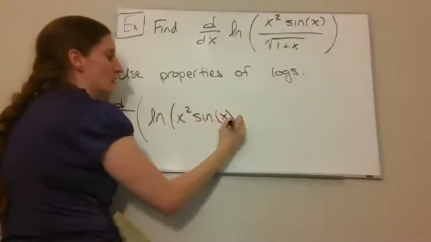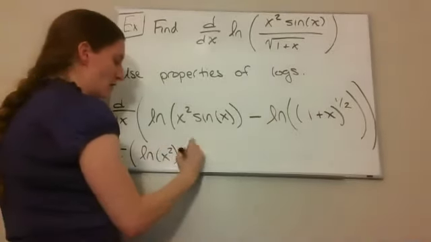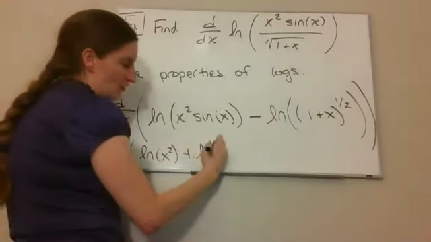And now I can simplify even more with log properties. We will be taking the derivative of a natural log of x squared plus a natural log of sine x minus a 1/2 natural log of 1 plus x. And then there's still even one more simplification I can do.